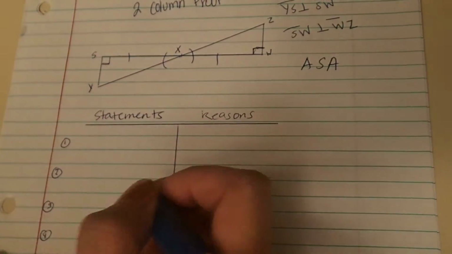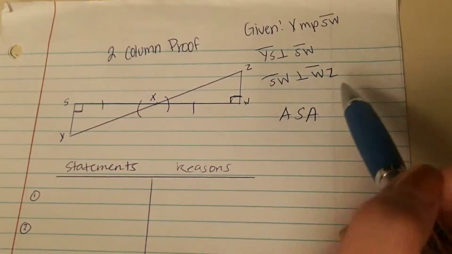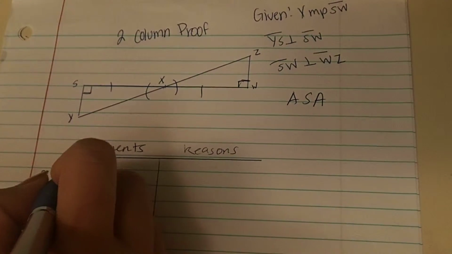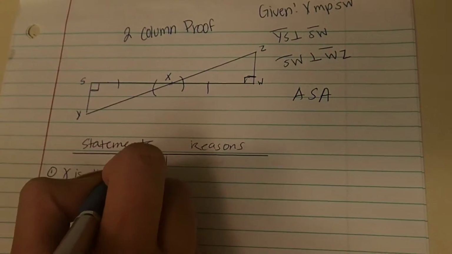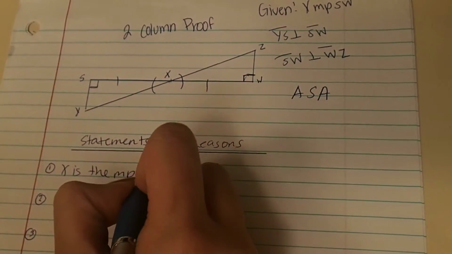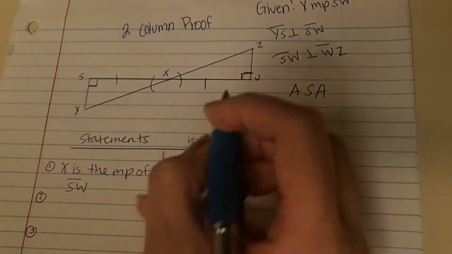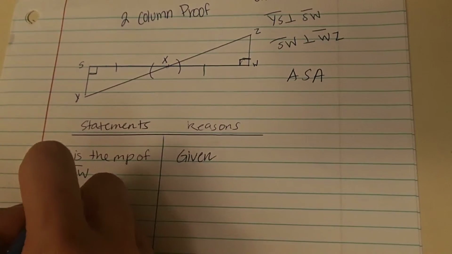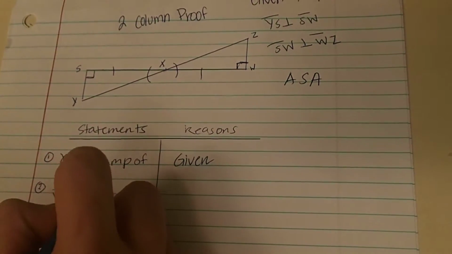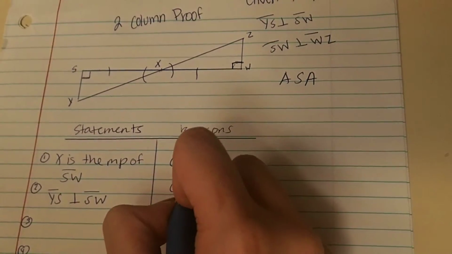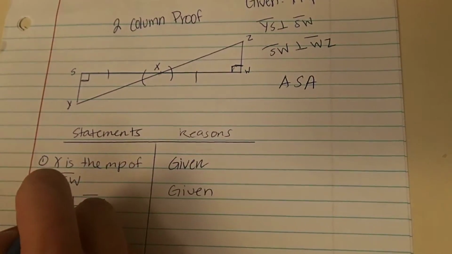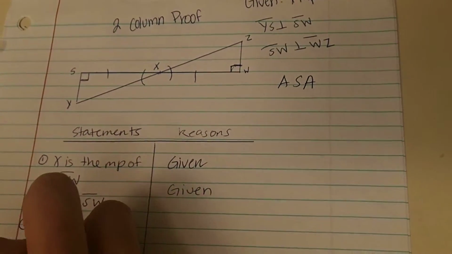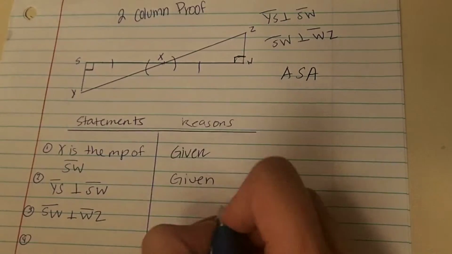So the very first three steps are the given information that I have, that is X is the midpoint of segment SW, given; YS is perpendicular to segment SW, given; segment SW is perpendicular to WZ, given.